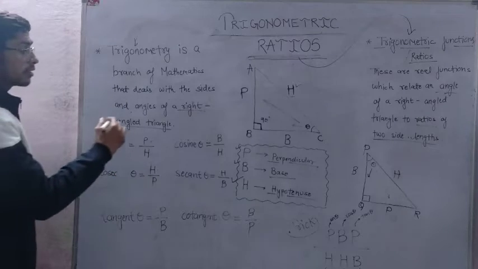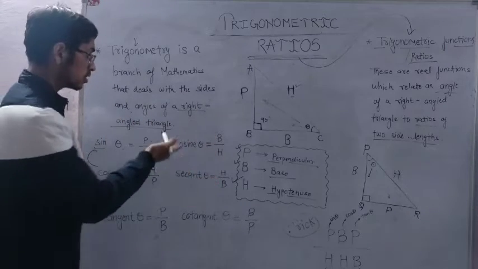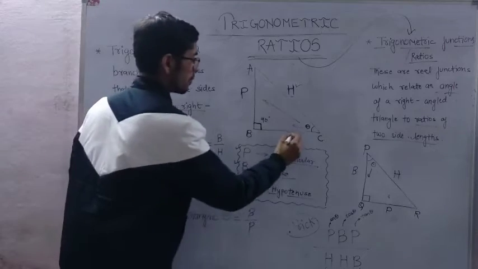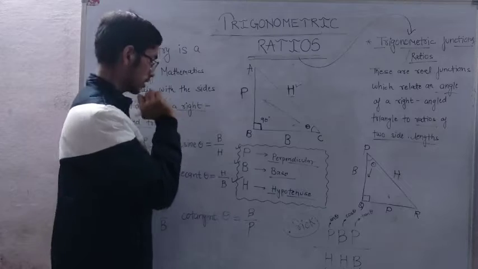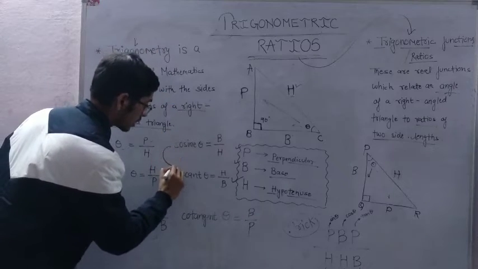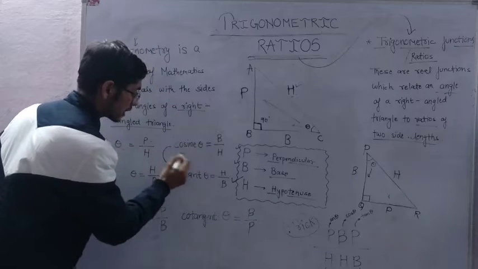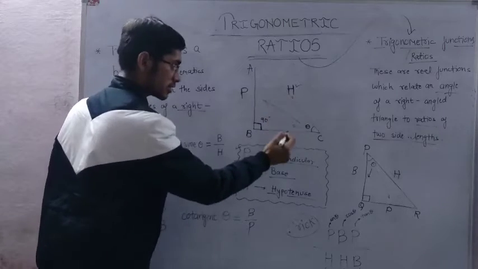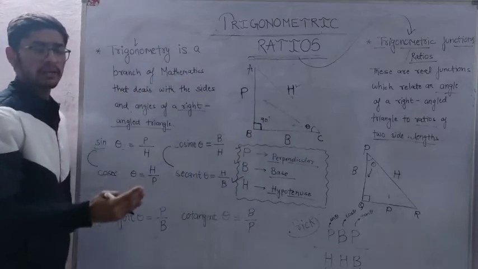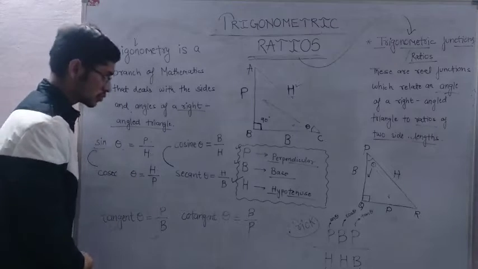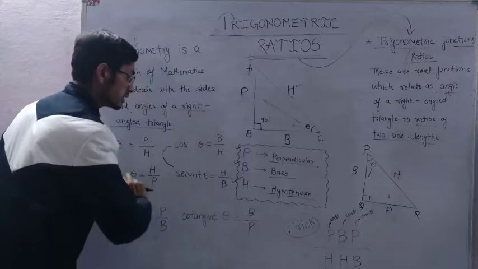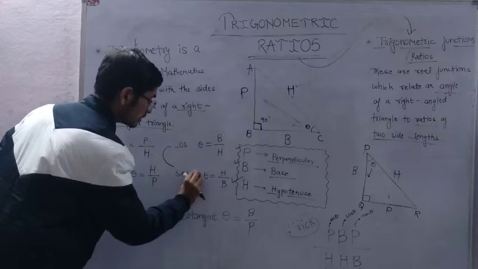Next comes cosine theta. The formula for cosine theta is base upon hypotenuse. If we take the reciprocal, it becomes secant theta, and its formula is hypotenuse upon base. In day-to-day language, we say cosine theta as cos theta and secant theta as sec theta.